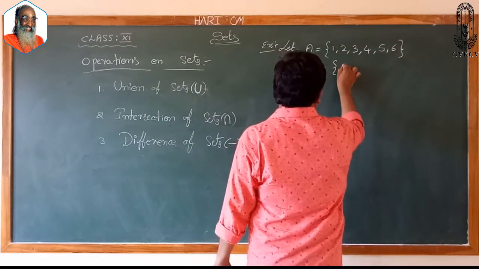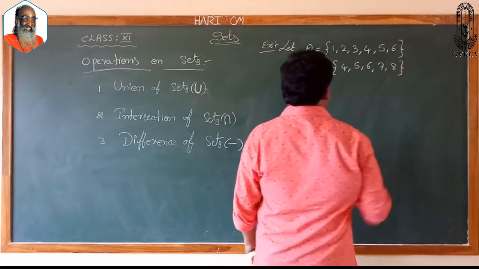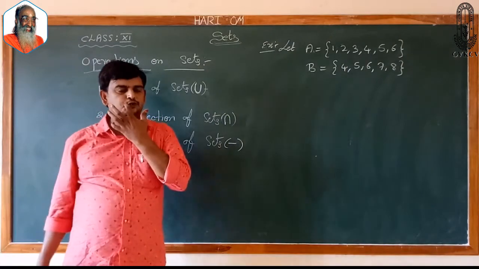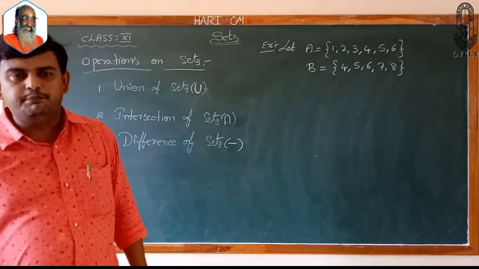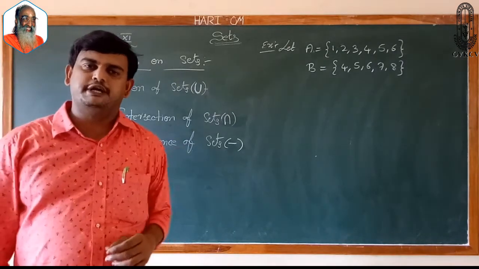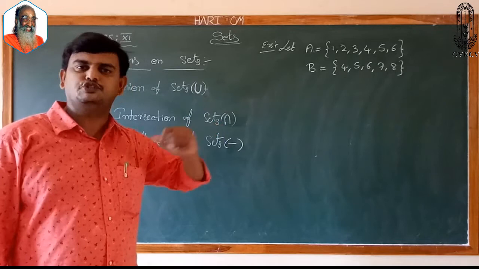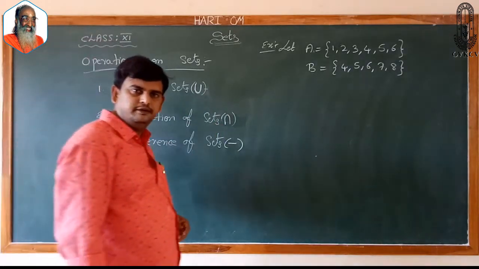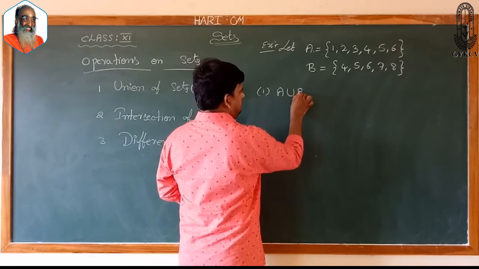B is equal to 4, 5, 6, 7, 8. These are the two sets I have, set A and set B. Now between these two sets, I am going to perform the union, intersection and difference operations. Let us see the first one, A union B.